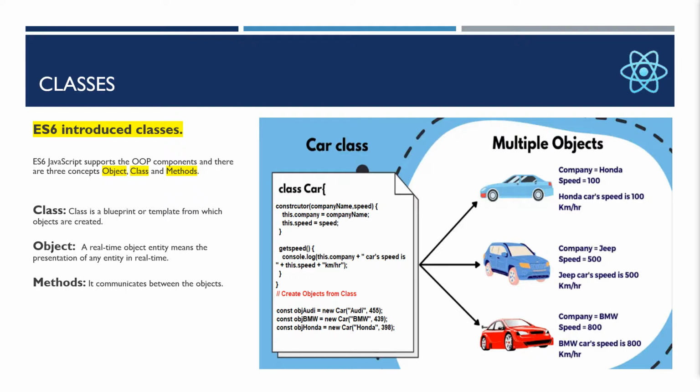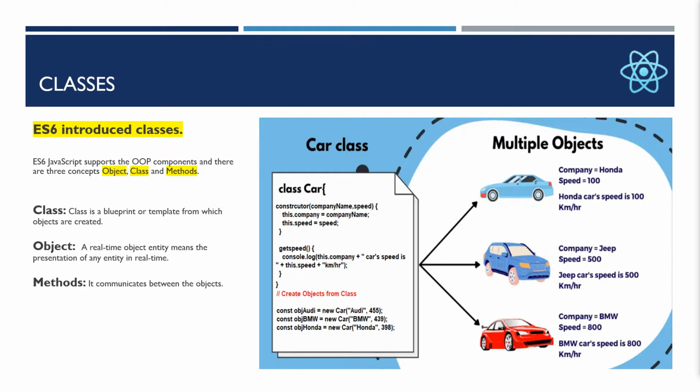In the real world there is one class, which is the student form, but from it we can make multiple objects. And then we have a method. It communicates between the objects. If car is a class, and the car moves and accelerates, all those actions are basically the methods of the car, of the class.